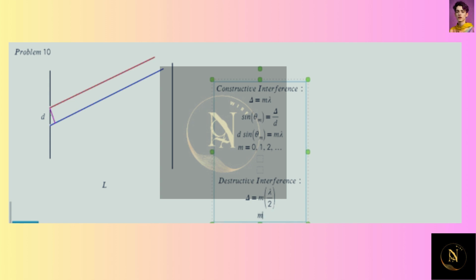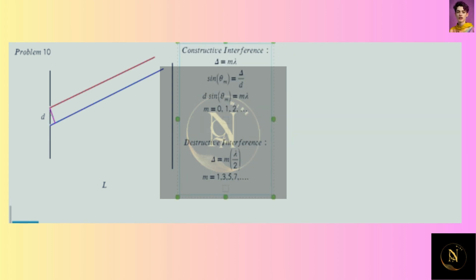So here, m is going to be restricted to odd integers, so 1, 3, 5, 7, etc. Other than that, this equation is still going to apply, so it's going to be d sine theta m equal to the path length difference for destructive interference, where m is limited to odd integers.